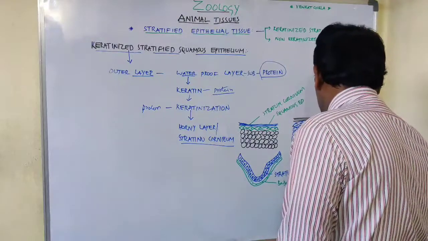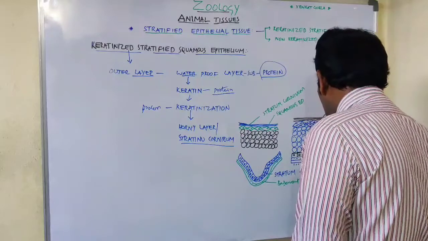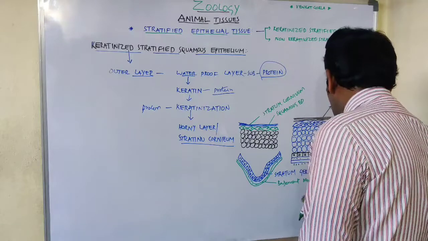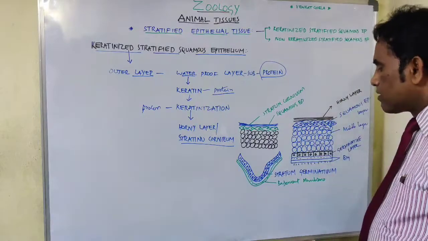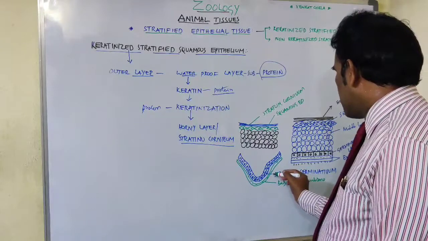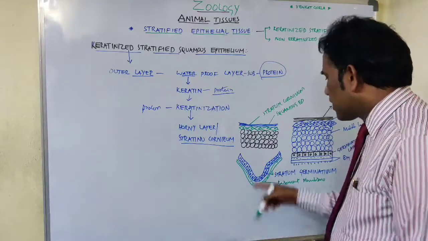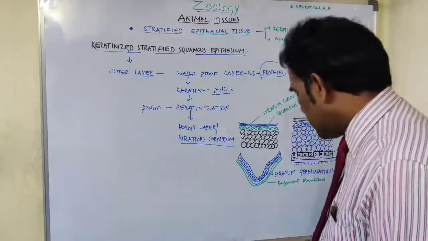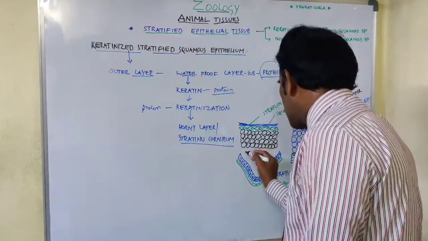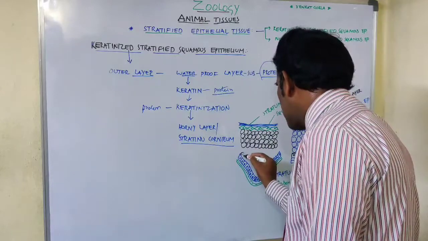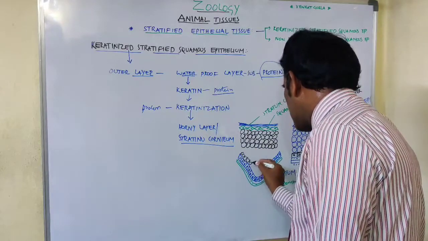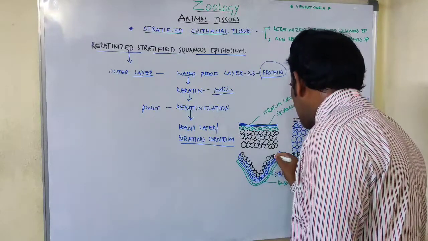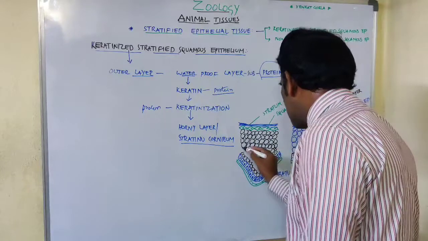So the deepest layer is cuboidal cells called stratum germinativum, germinal layer or stratum malpighi. Above this it has germinating capacity, dividing mitotically and forming many layers. These are living cells, polygonal or polyhedral in shape.